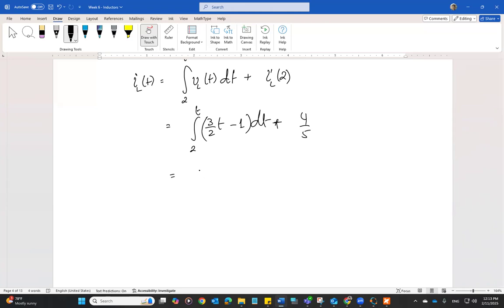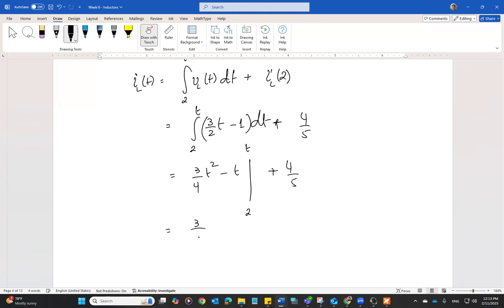So let's go ahead and calculate that. 3 by 2 and the integral of t is half t squared, so it's going to become 3/4 t squared, and minus 1, so minus t, evaluated from 2 to t, plus 4 by 5.